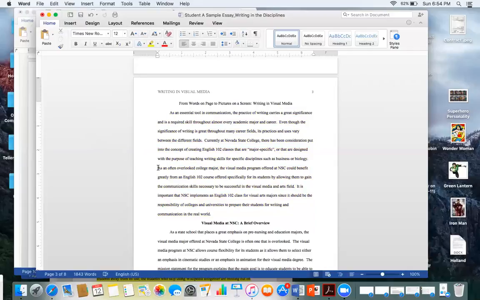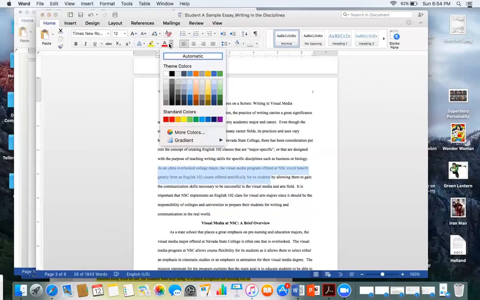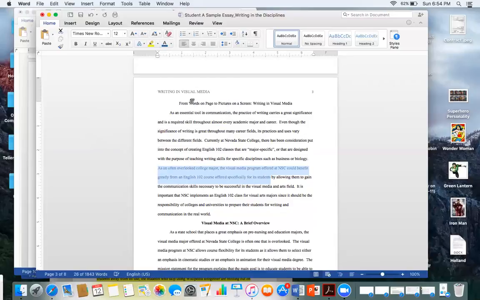We really see our what right here, is that the major is often overlooked, but it could benefit from these specific classes, okay? So that's really our what. So I'm going to do that in dark blue. All right. And then we really have this how here. How are we going to support that idea?